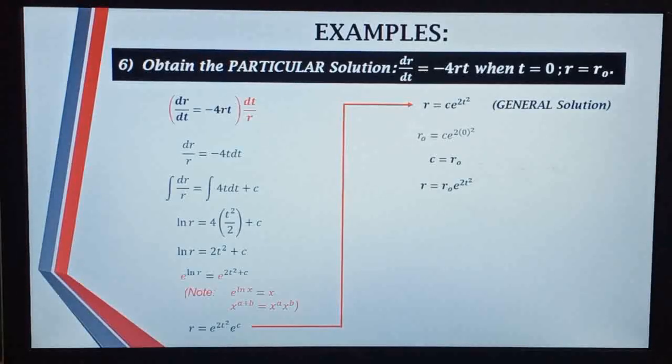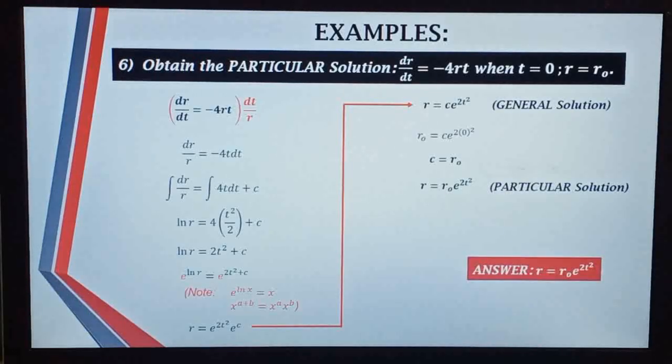May value na siya, which is the r sub o. So, this is now our particular solution. So for the final answer of this problem, we have r equals r sub o multiplied to e raised to 2t squared.